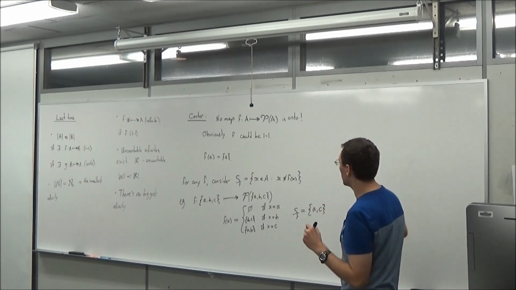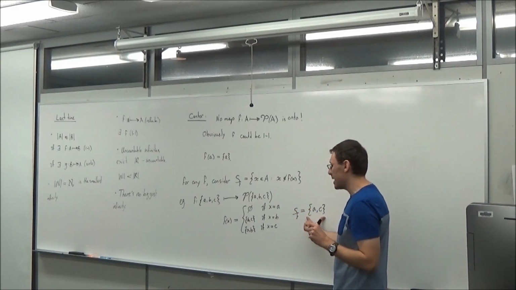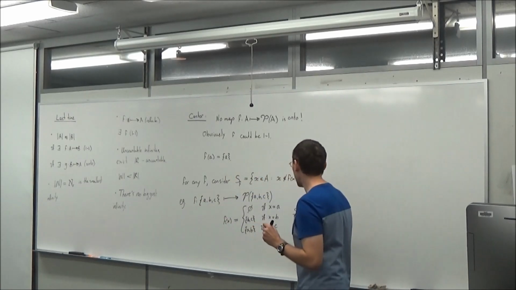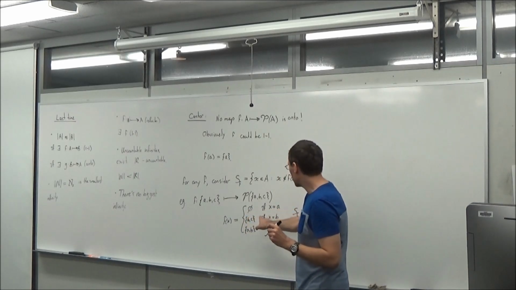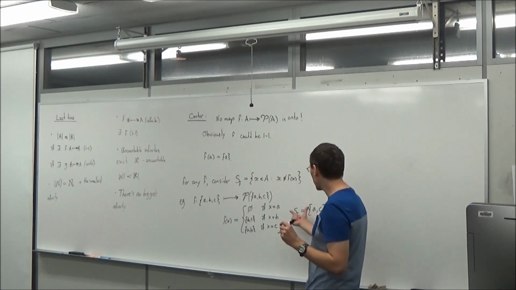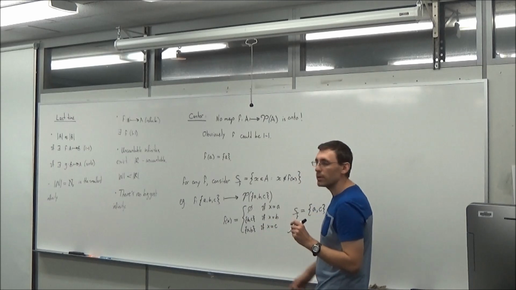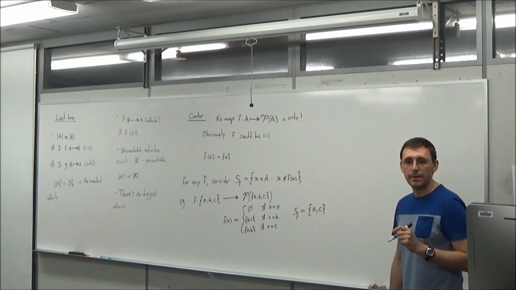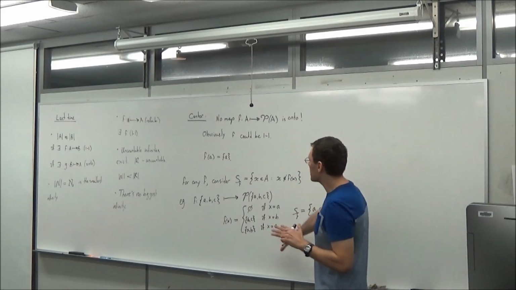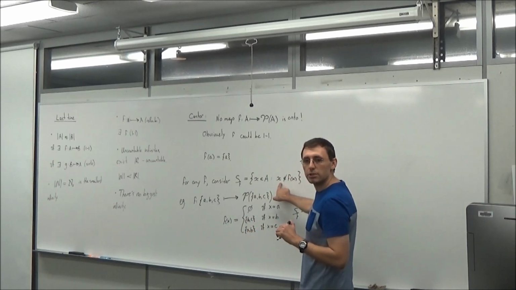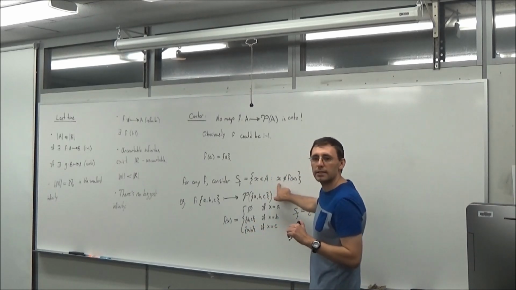So the counter argument: look at this S sub f. This is a subset of A, a subset of the set. And nothing I can point at, this function cannot produce the set. If I point at A, if I point at B, if I point at C, I never get S sub f. So the idea is to do it in general, and then show that I will never get this set.